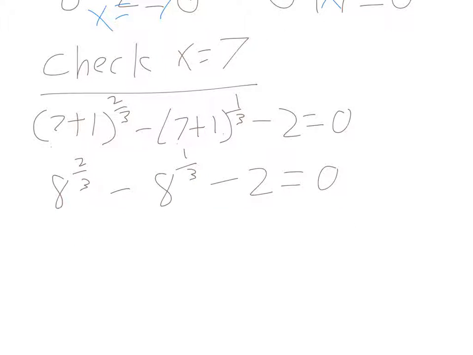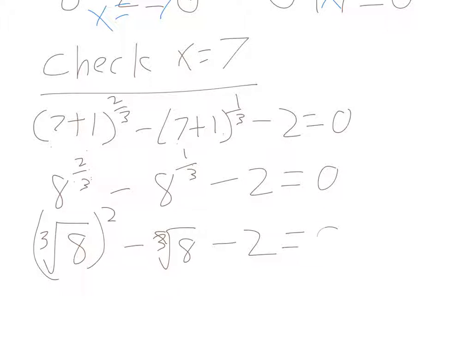Now, if you don't have a calculator in front of you, you can convert this to a radical. Since we have a 3 on the bottom, that's like taking the cube root of 8, and since we have 2 on top of the exponent, that's like squaring everything. And 8 to the 1/3 is the same as the cube root of 8, minus 2 is equal to 0.